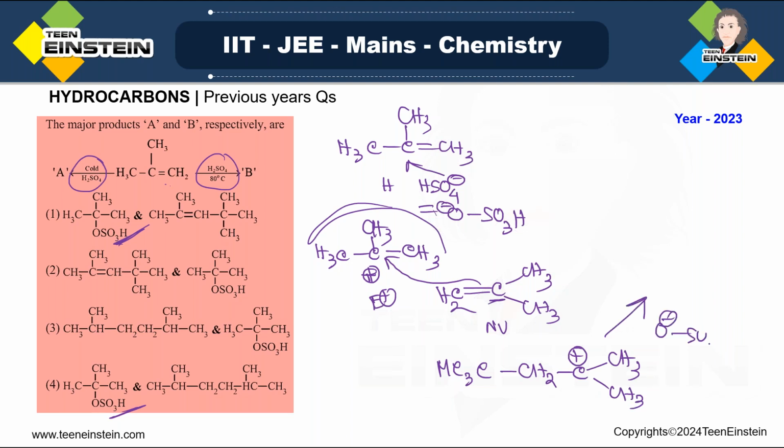So this will take hydrogen from here and you will get a double bond, and this is the structure Me2C=CH-CMe3. So this is matching with option 1, and not with the others because we have already cancelled those two. So among 1 and 4, the correct option will be option 1. Okay.